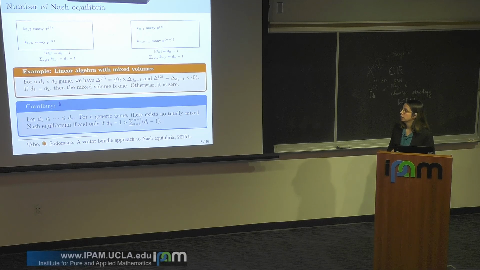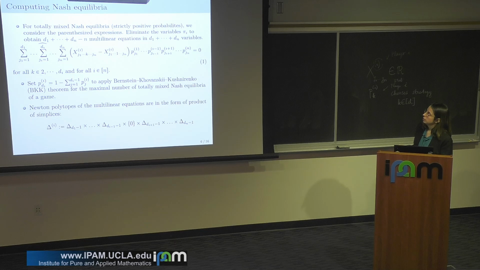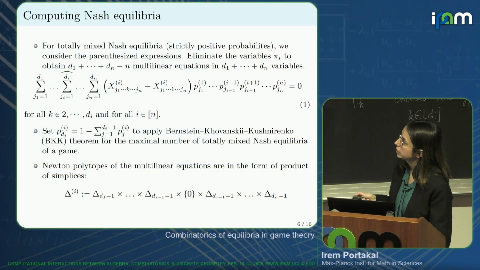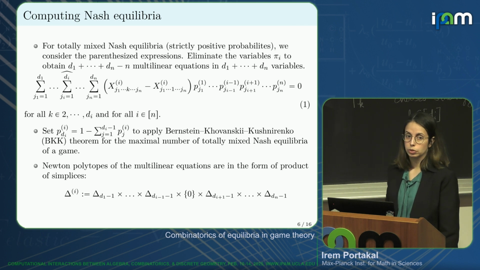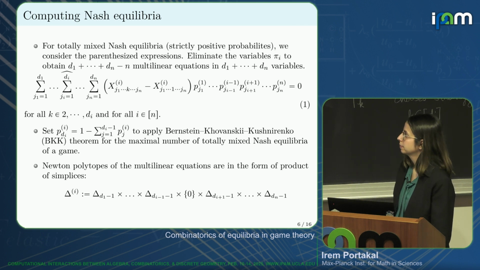Okay. Well, we can do that for 2-player games, like it's the first example. If I go back to the equations again, these are multilinear of degree n minus 1. So we're removing one variable in the middle, right? That is coming with the 0 and the Newton polytope. And if I have a 2-player game, this is going to be just linear equations. So I'm just going to solve a linear algebra problem to find Nash equilibria.